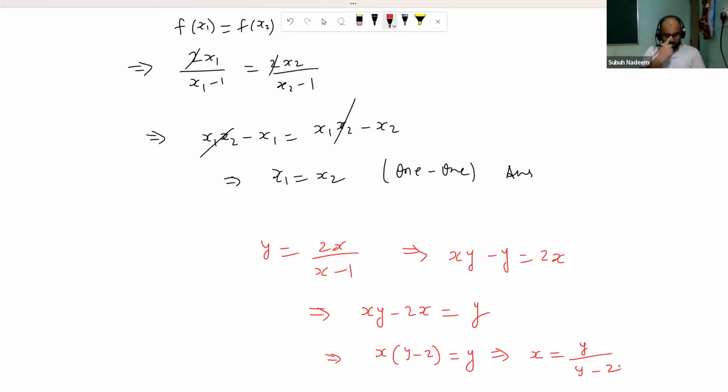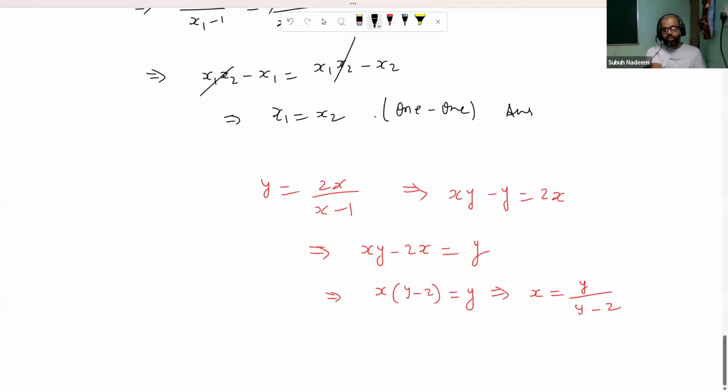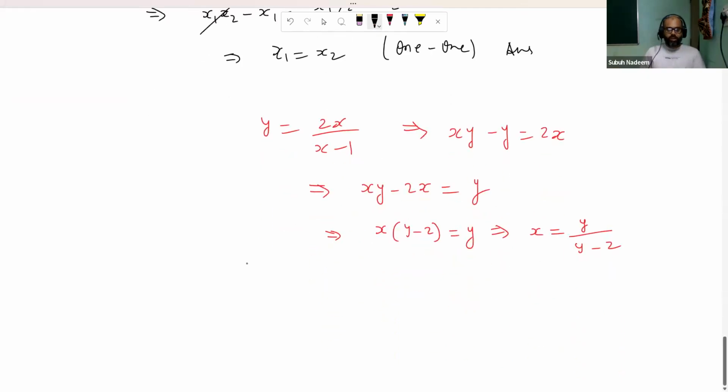So you can write it like this: xy minus y is 2x. So xy minus 2x is y, and x you take common, y minus 2 will be there, and this is x. So what is the way of finding range? That y is a function of x is given, and you find x as a function of y. After finding x as a function of y, your task is to see what values you can take.